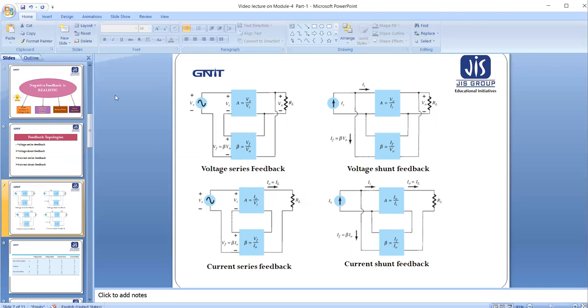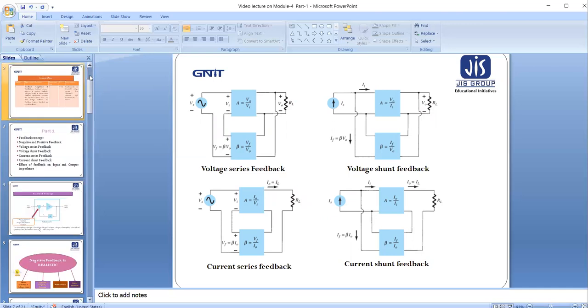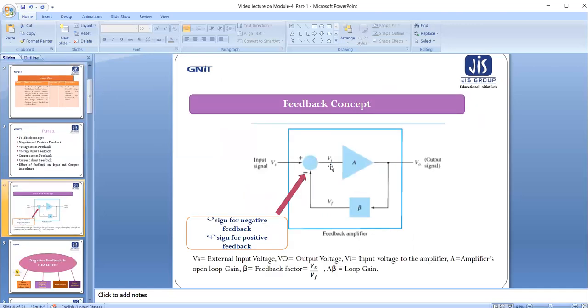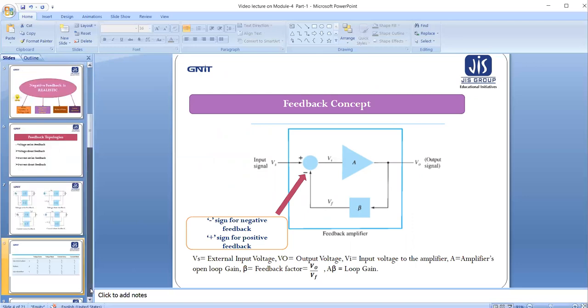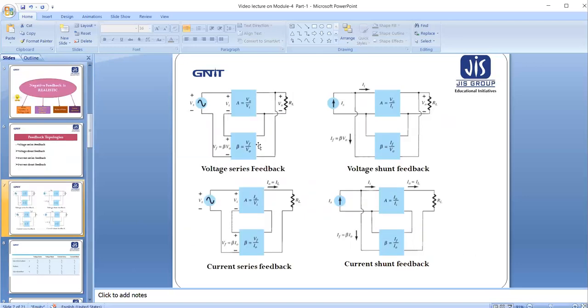First, in our introduction, we have seen that this is the amplifier, this is the feedback circuit, this is the comparator. So now we are going to the different topologies. This is our actual amplifier, and this is the feedback. Now first we have to understand the meaning of voltage series. Voltage series, the first term is voltage.